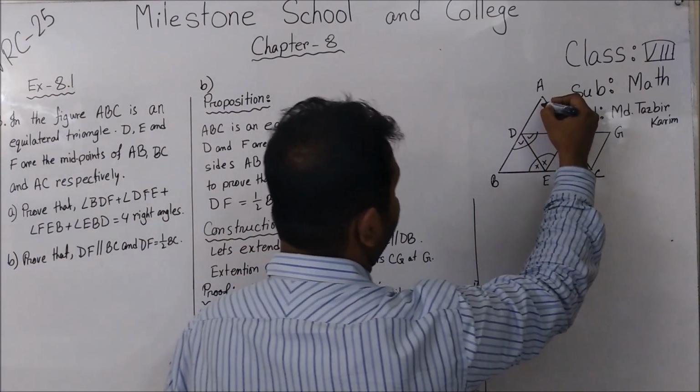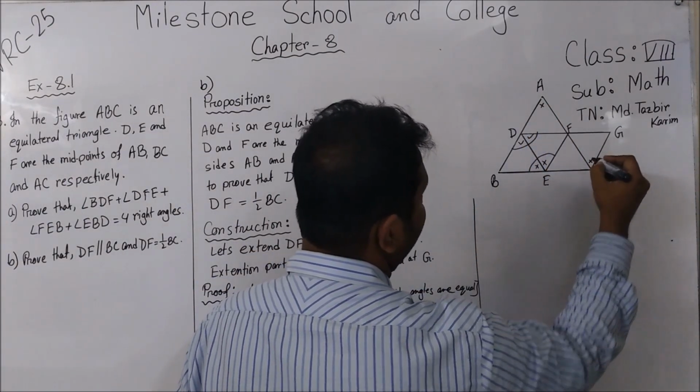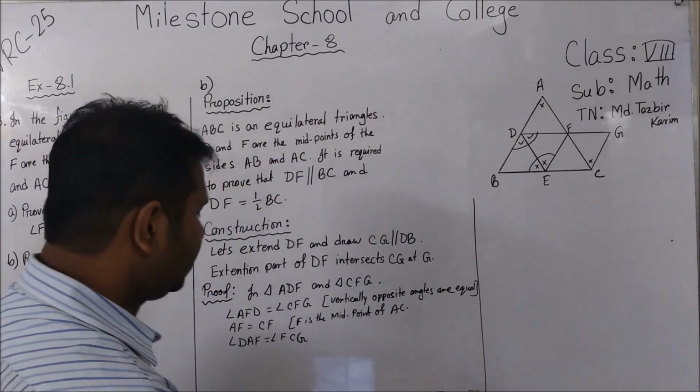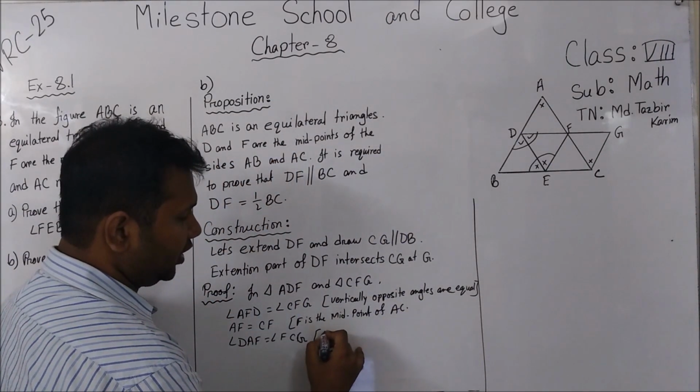This angle and this angle are equal because alternate angles are equal.